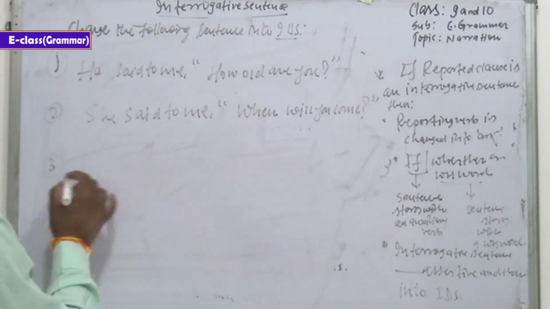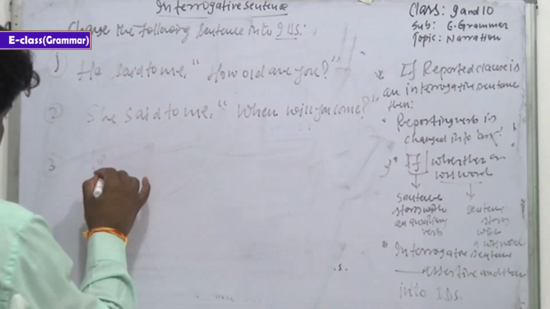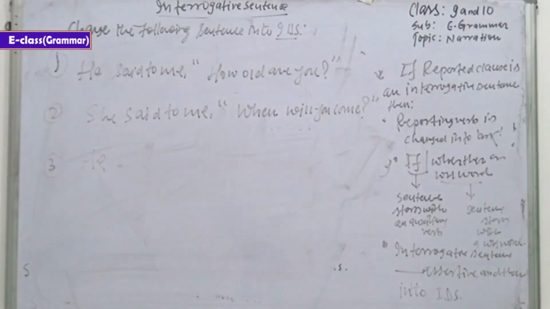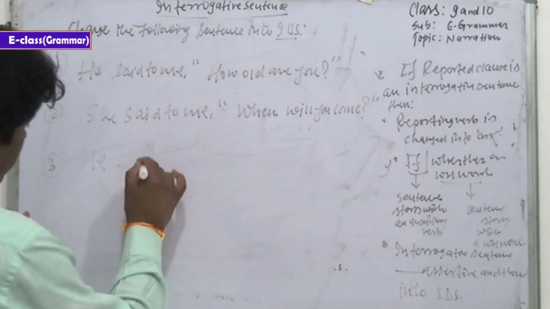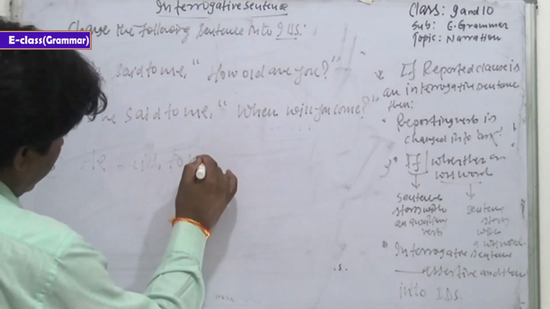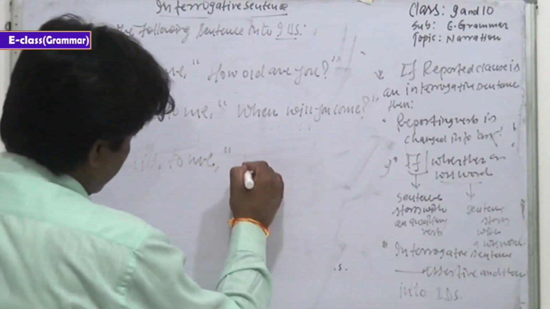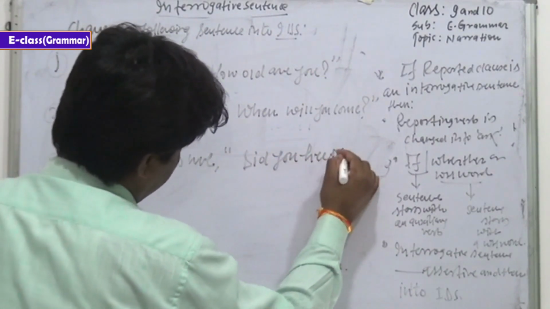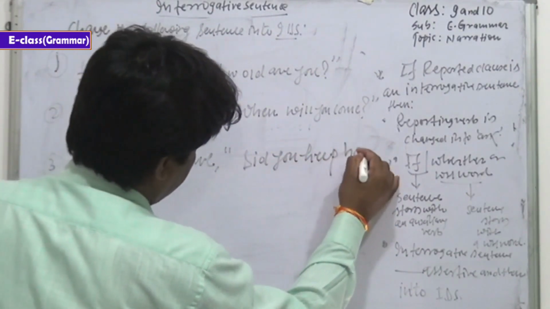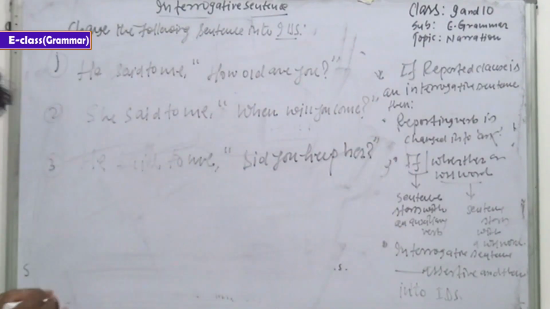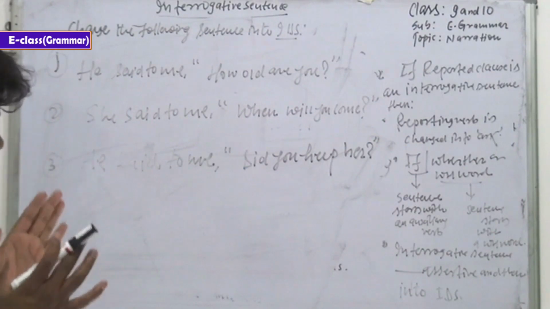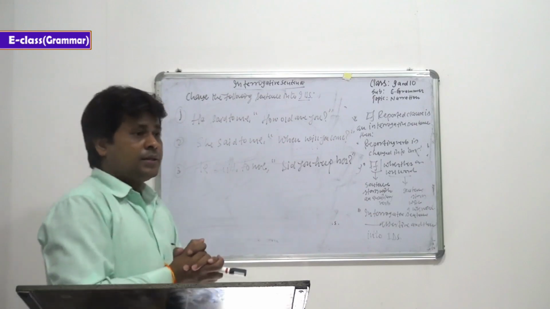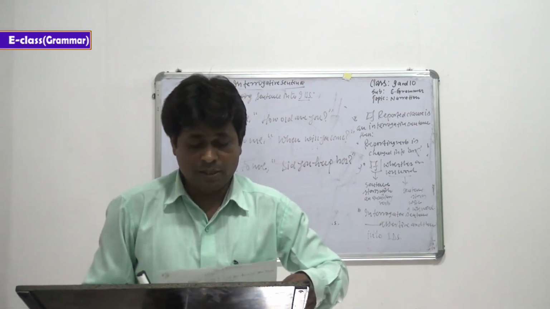Number 3, last, he said to me, did you help her? Okay, these 3 are the questions for you as homework for tomorrow. Tomorrow I'll dictate them again. Okay. Thank you for listening to me and watching television.